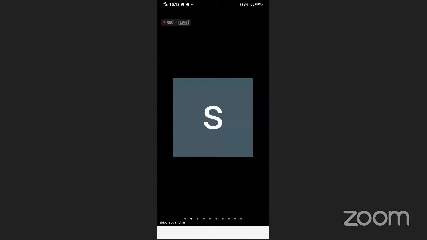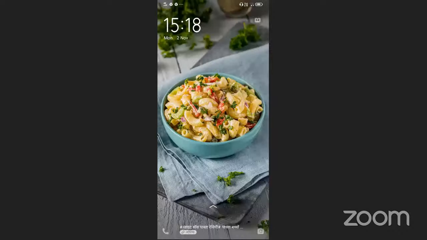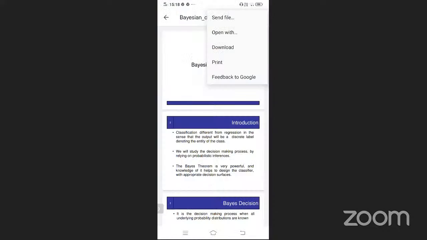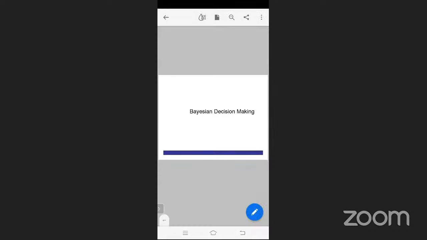So we have another 40 minutes. I will also start covering Bayesian decision making. In this Bayesian decision making, we are going to rely on generative classifiers.